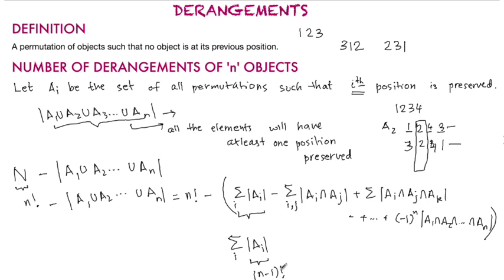Why? Because remember, go to this one. We have 2 fixed and we can play with three spaces. If we have three spaces, how many permutations can we get? We can get 3 factorial. So if we have one position fixed, we can play with the rest of the n minus 1 positions, so the number of permutations will be n minus 1 factorial.